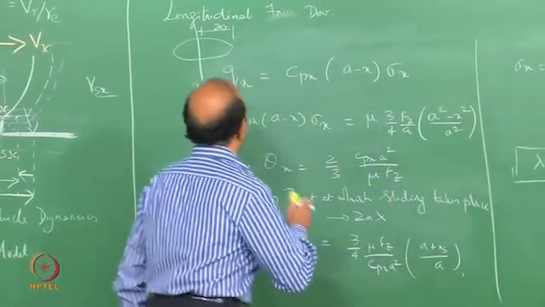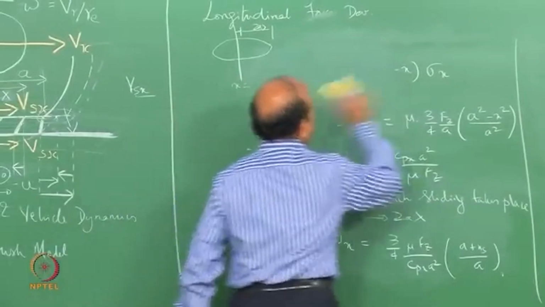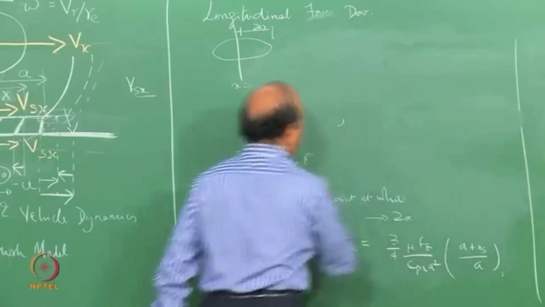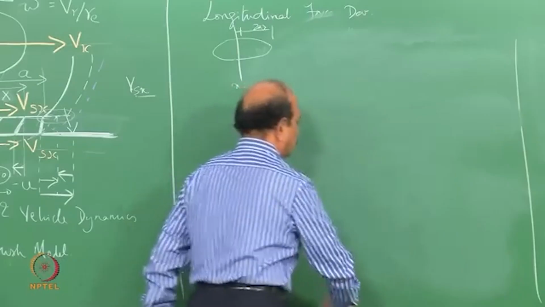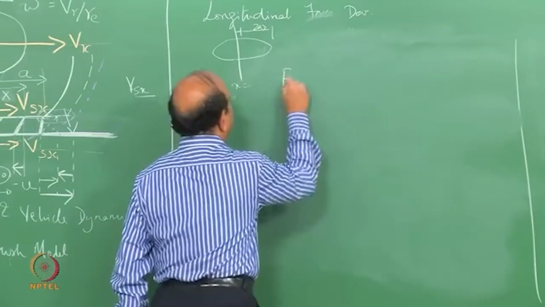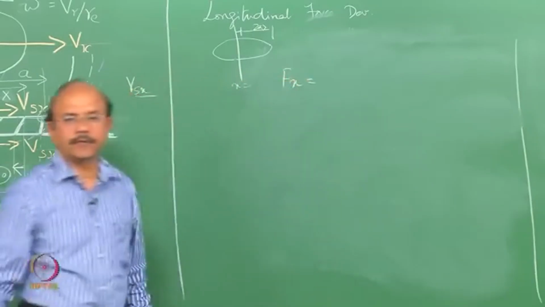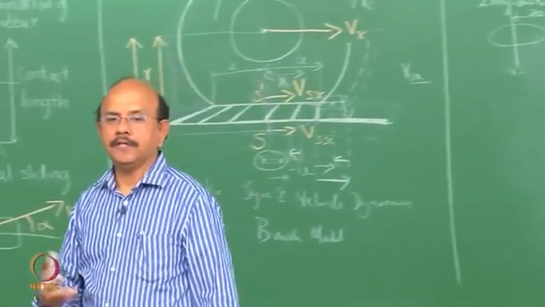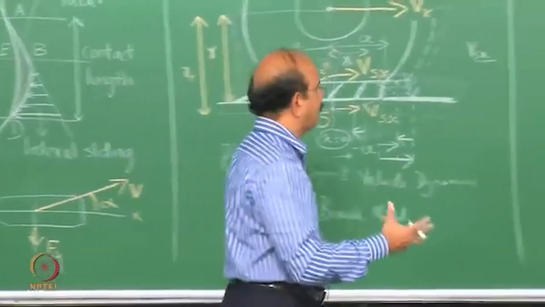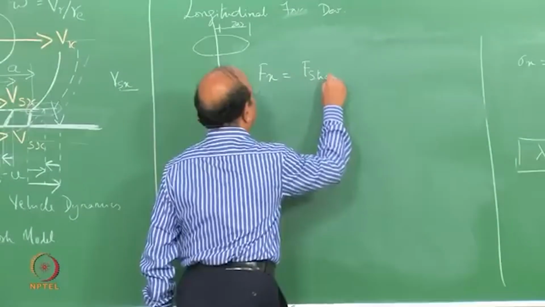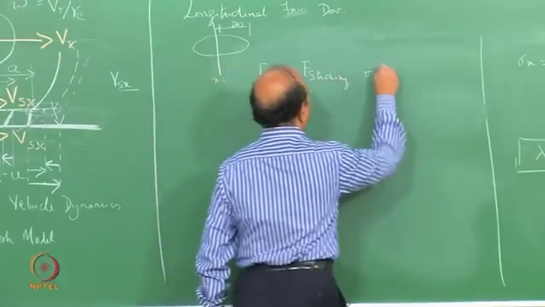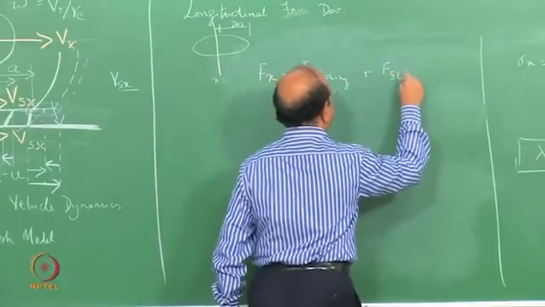So let us now find out the force Fx. As I told you before, the force Fx is the force developed in the sticking region plus the force developed in the sliding region.